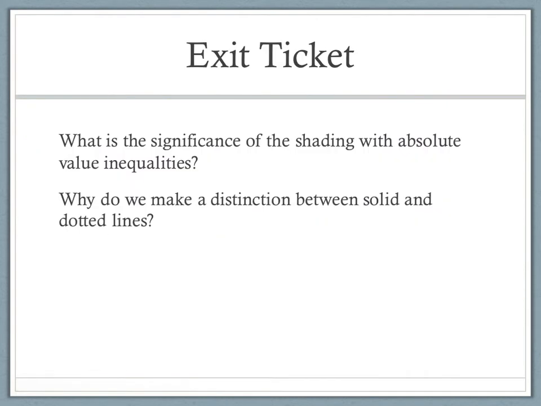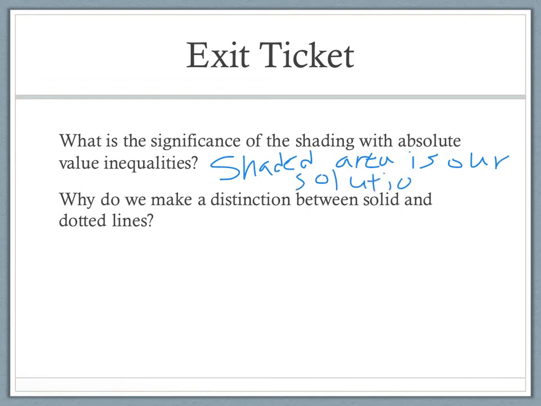All right, what's the significance of shading with absolute value inequalities? The significance of why we shade is because it tells us our solution sets. So the shaded area is our solution set. So that means it's all of the points that would actually make that inequality true.